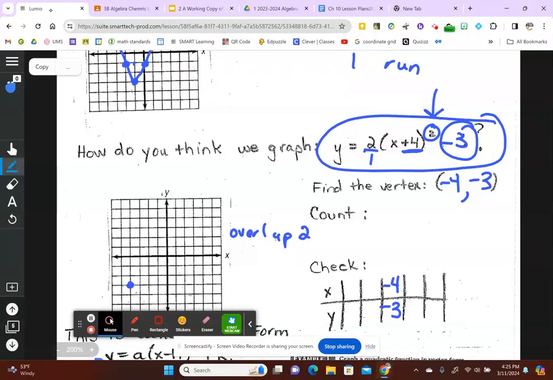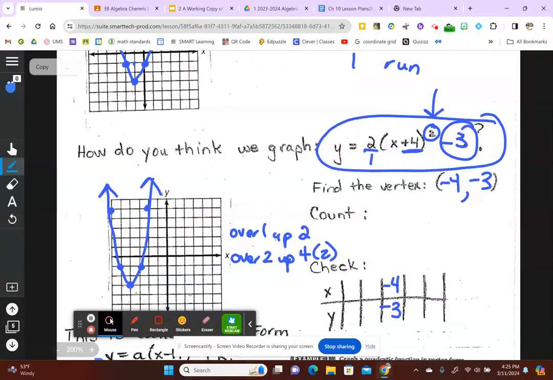So in this case, over 1 up 2, over 1 up 2. Then I'm going to go over 2 up 2 squared, or 4 times a. In this case, up 8. So over 2 up 1, 2, 3, 4, 5, 6, 7, 8. And this is what my parabola looks like.